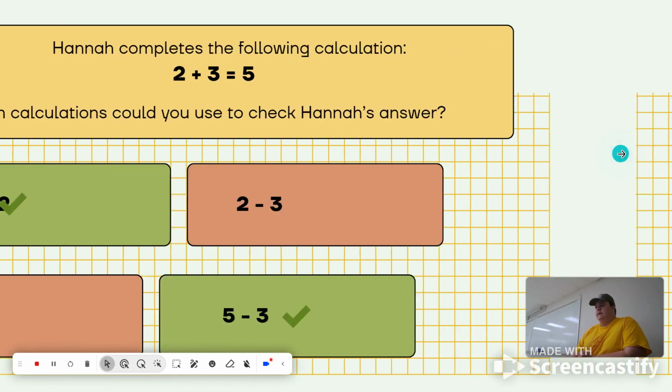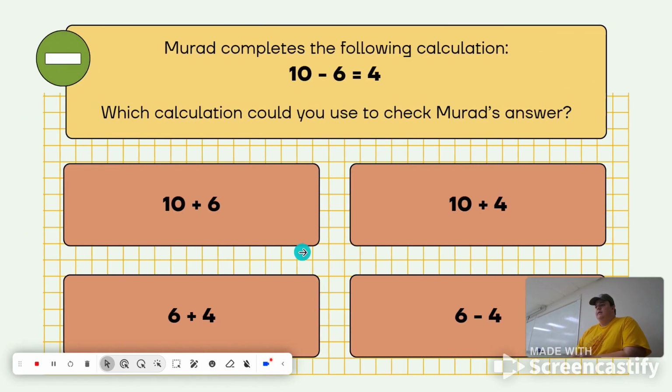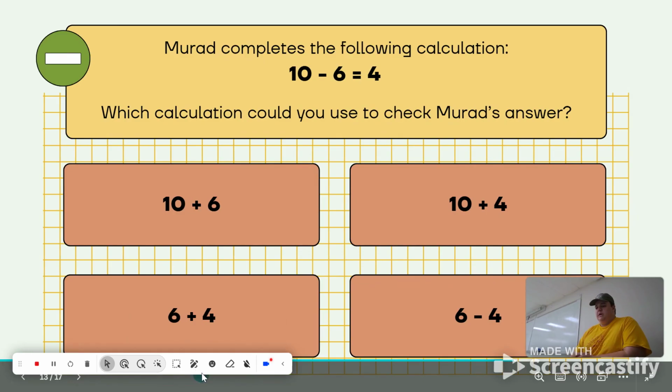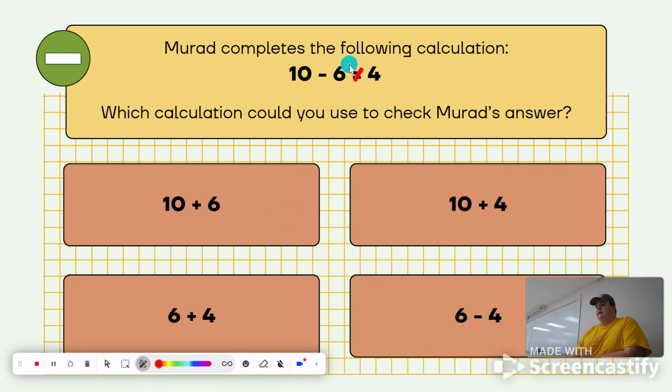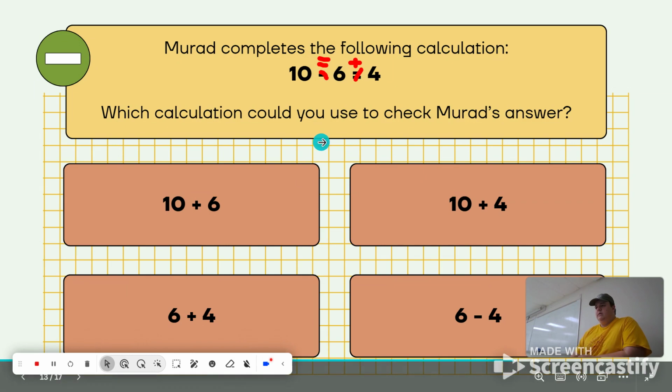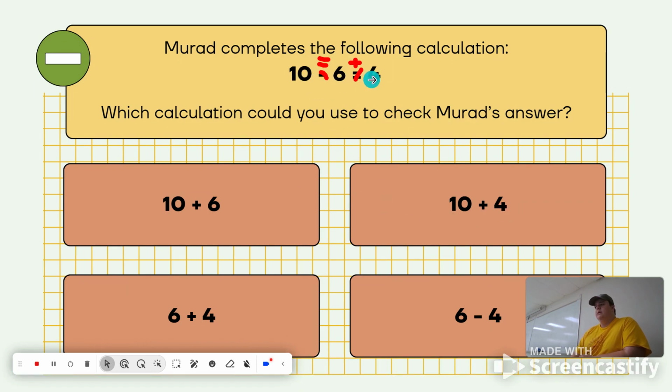Same thing on this next one. This is one with subtraction. Let's go ahead and mark that equal sign out and put an addition sign. And then let's just mark this subtraction sign out and put an equal sign. So now, in order to check the work, you have, okay, so 10 minus 6 equals 4. Now we have 4 plus 6 equals 10.